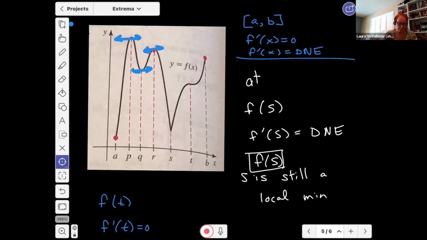Local min, max, min, max. And this, we will talk about more in the next class. Even though the first derivative is equal to 0, this is called a turning point, and we'll talk about concavity, but that's coming up next. It still has a value and it still has a purpose, just not with extrema.